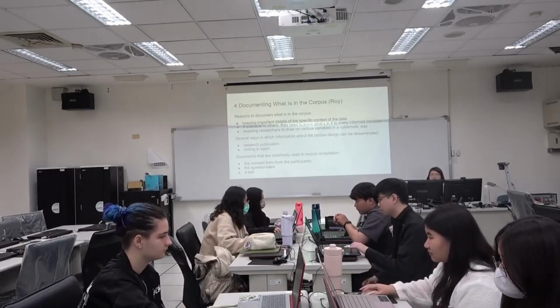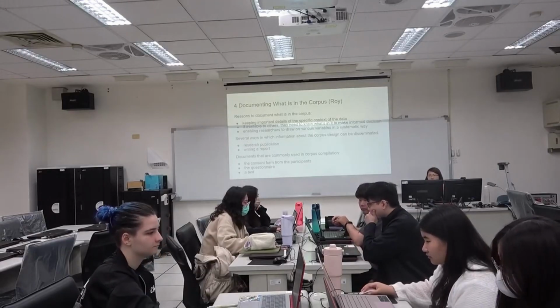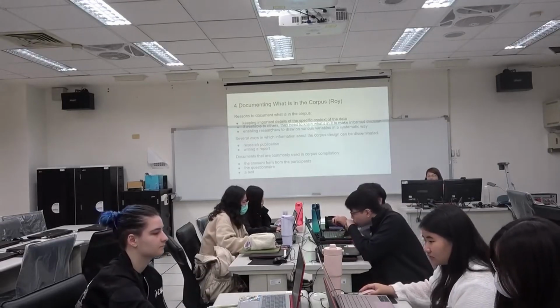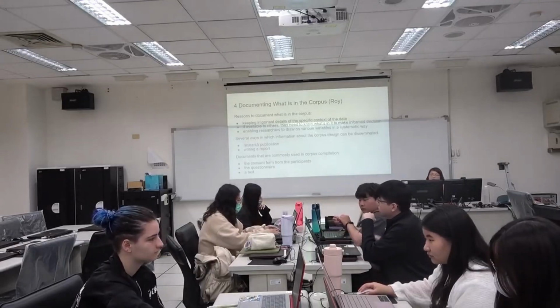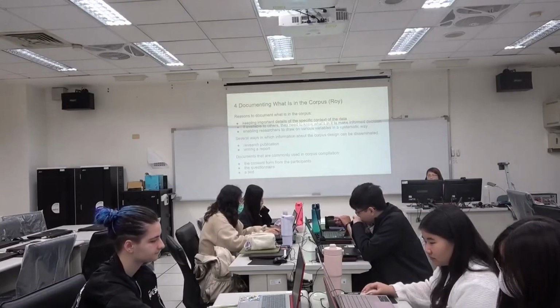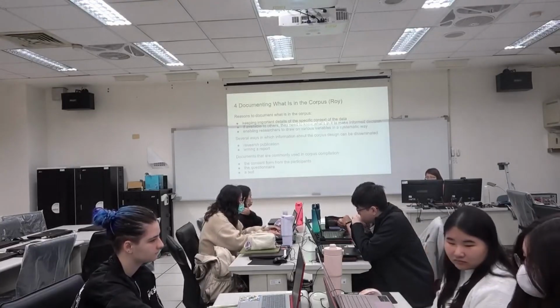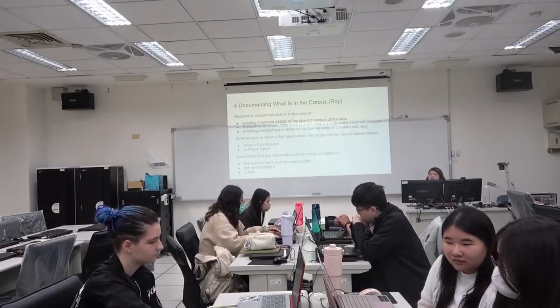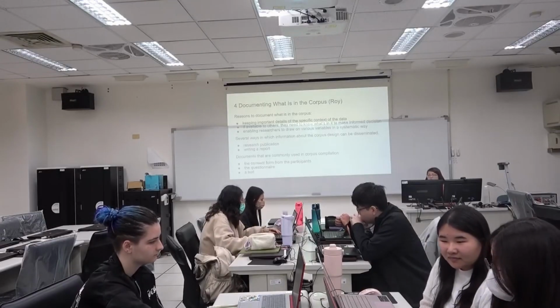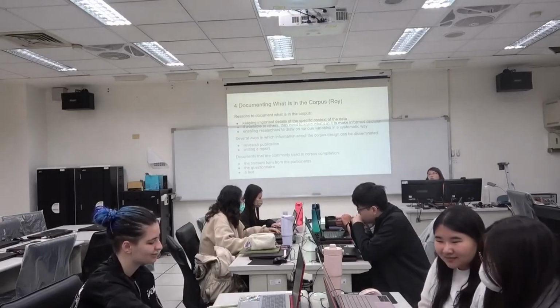Page 12, figure 1. That's the metadata that you can compile along with your corpus. You want to add enough information about the corpus and also about each text. If we are talking about conversation, we want to know, for example, who is talking to who.